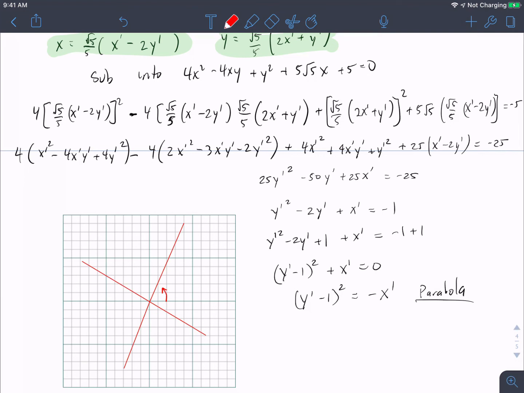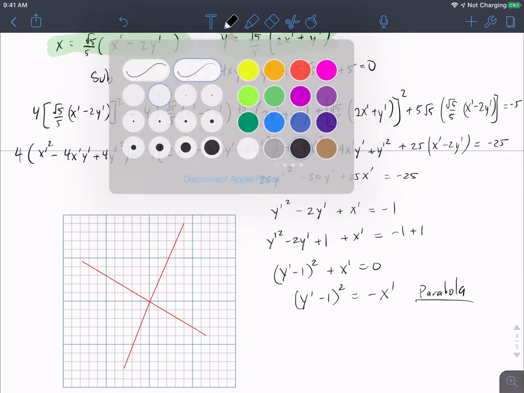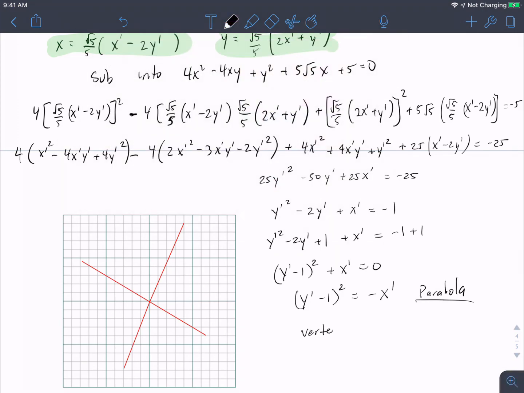I know that's not quite perpendicular, but good enough. Okay, now from here, I see that the vertex occurs at (0, 1), right? 0, positive 1.